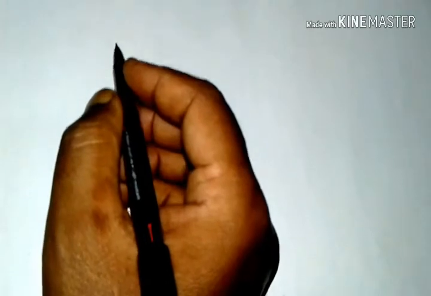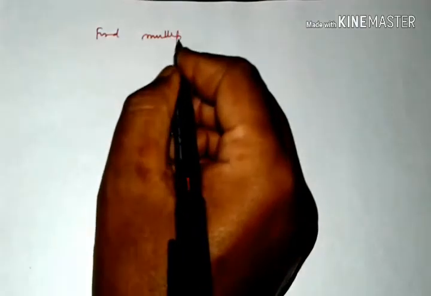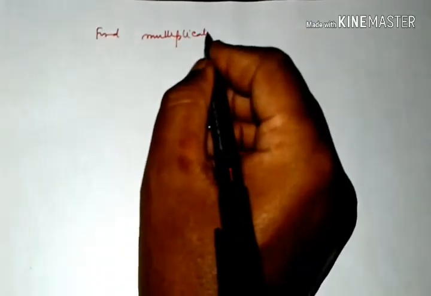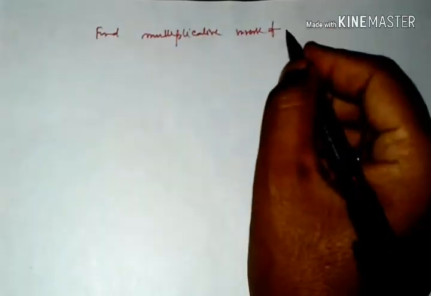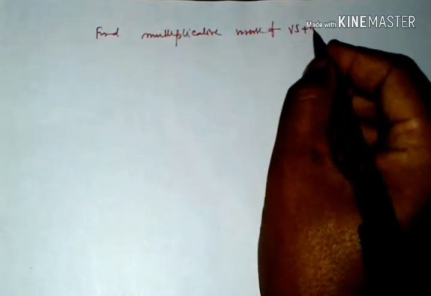Another problem about the multiplicative inverse: find the multiplicative inverse of root 5 plus 3i.